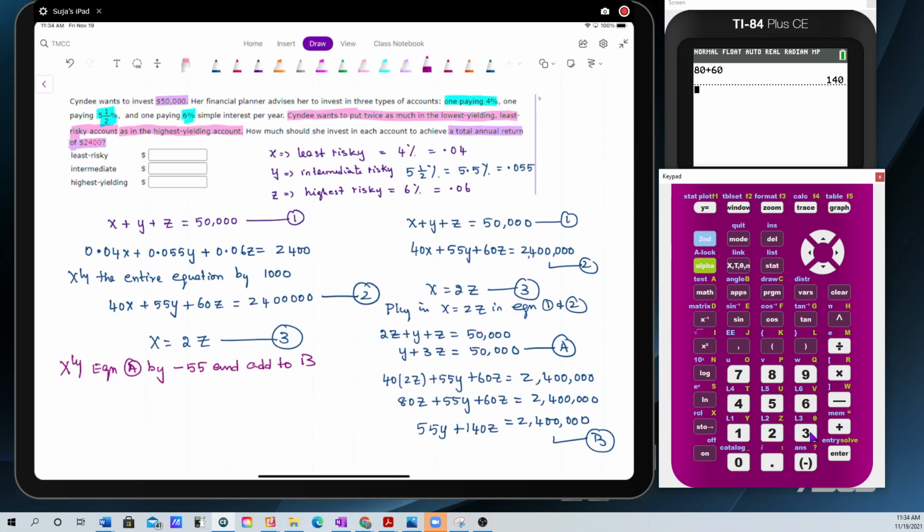So when I multiply equation A by negative 55, I'm going to get negative 55Y, then minus 3 times 55, right? 3 times 55, 165Z is equal to 50,000 times 55.